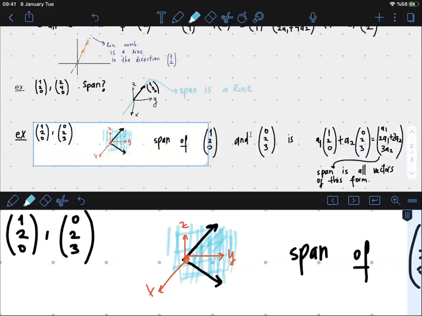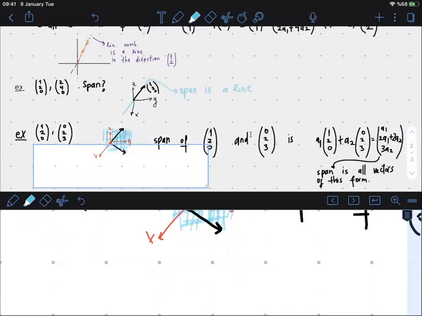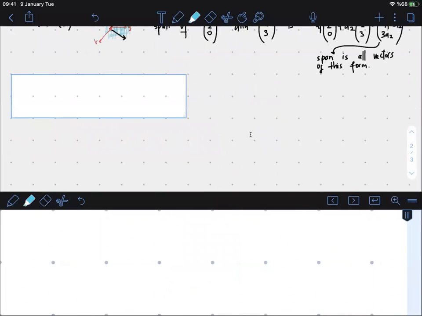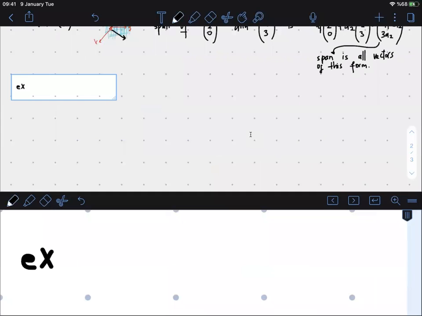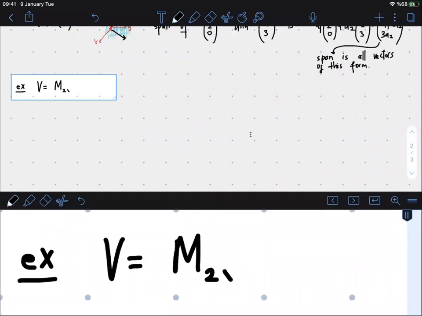Okay, so if we take three vectors in R3, their span can be a line, their span can be a plane, or their span can be the whole space. These are three different cases. Let's give some different examples. For example, let's talk about the vector space of matrices. Let V be M2x2, the 2 by 2 matrices.